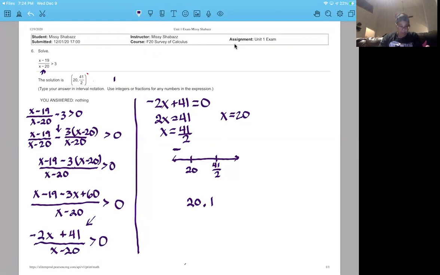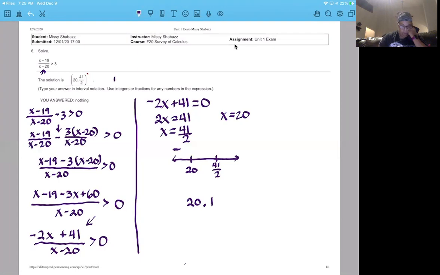If I plug 20.1 into the denominator, that's going to give me 0.1, something positive.